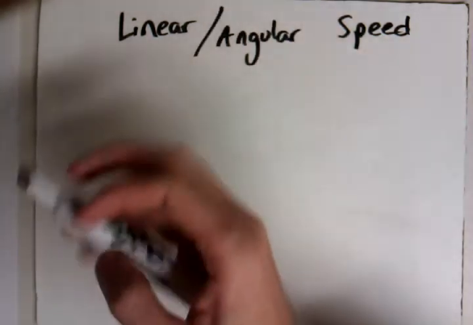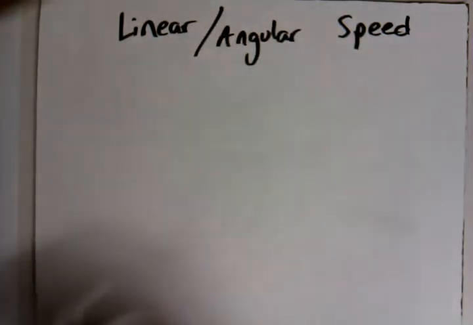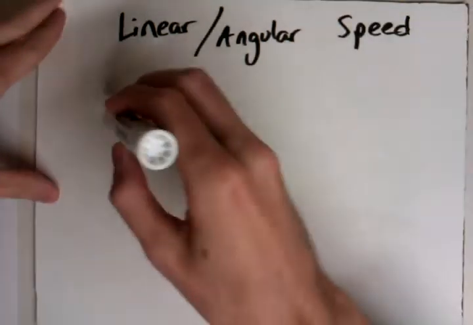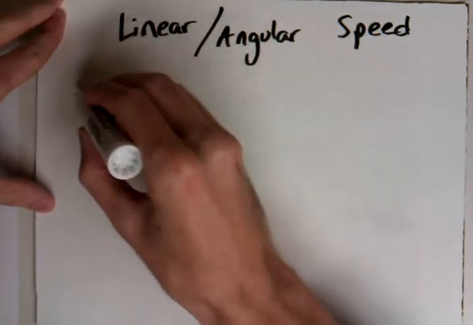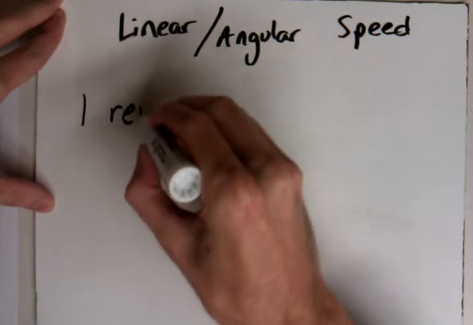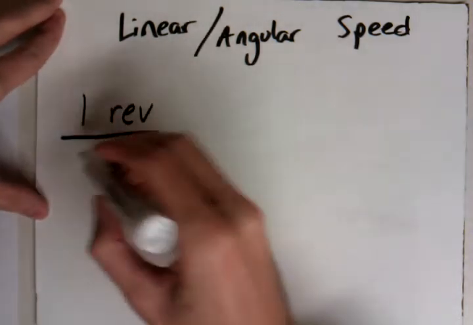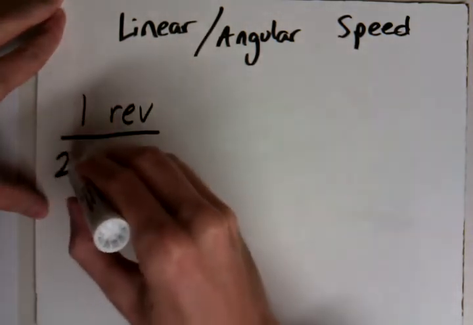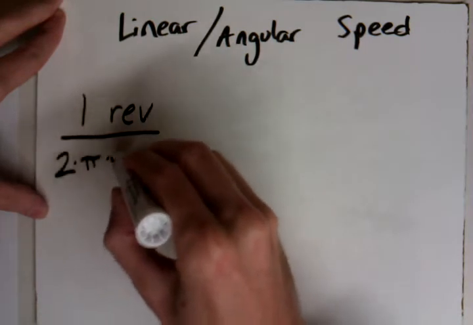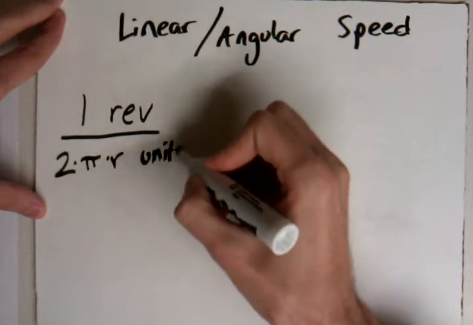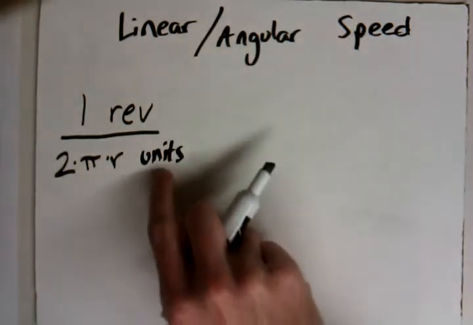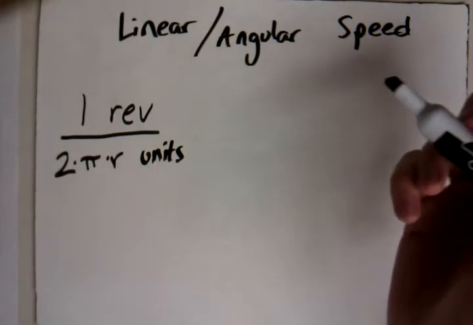I solve almost every single one of these problems using unit analysis. So it's nice if I know some tips that I can use to convert between things. For example, I know that in one revolution of a circle there are 2 pi r units. Depending on the units, it depends on what the radius is.